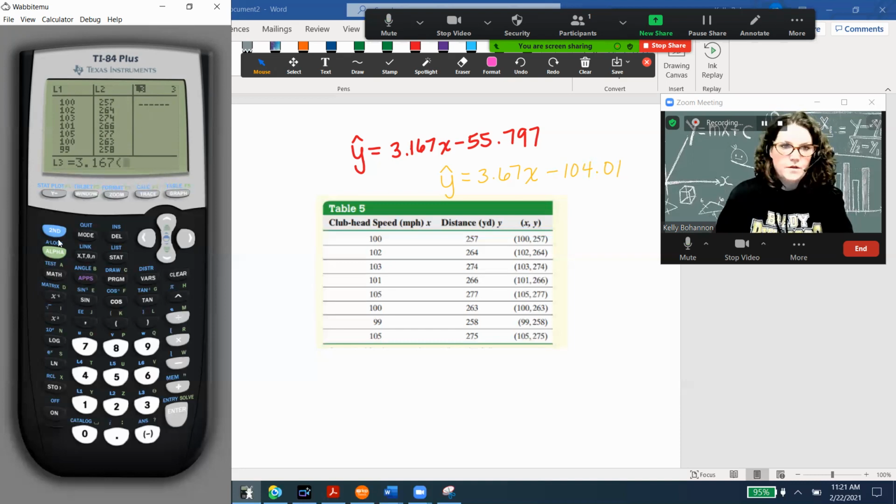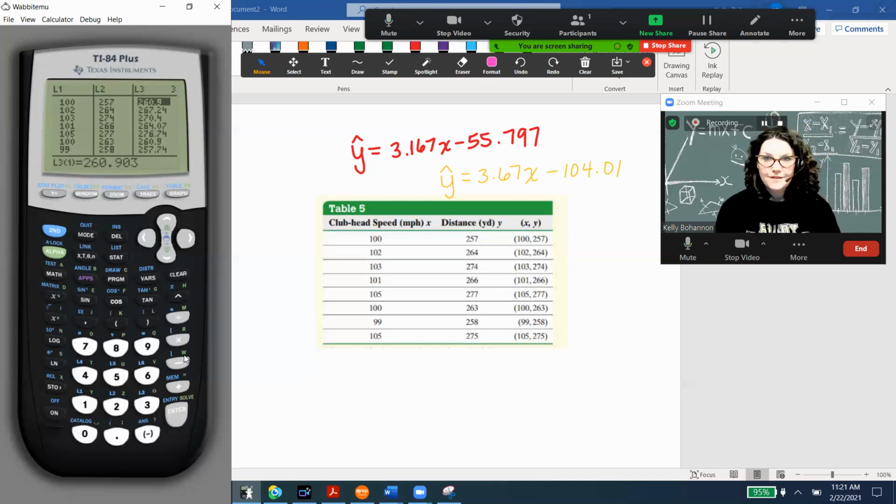Okay, so L1, so that's for X, minus 55.797. Now, when I hit enter, those are my Y predictor values based off of my least squares regression line.